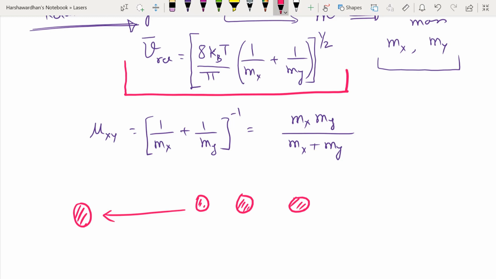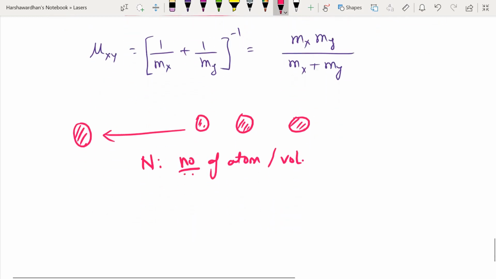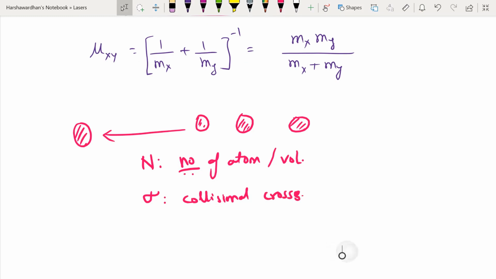The number of atoms per unit volume is n, and you have sigma as the collisional cross section between the two species. And imagine that v relative is the relative velocity between the two.